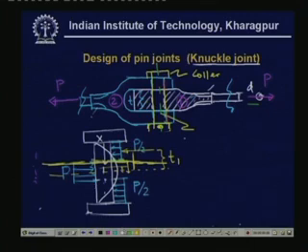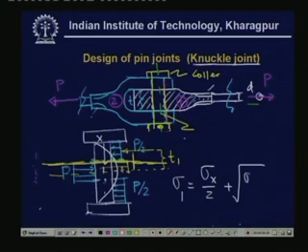It is sigma 1 is equal to sigma x by 2 plus the square root of sigma x by 2 square plus tau square. So, this is the maximum principal stress, and this must be less than sigma allowable. So, this gives one expression from which the value of D could be found out.